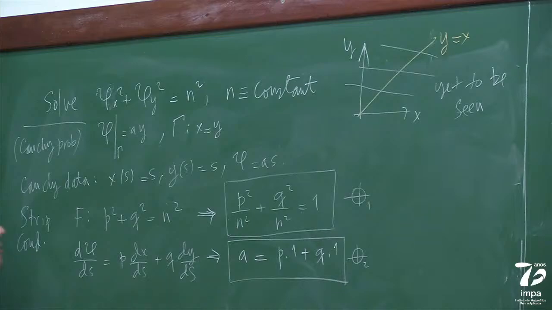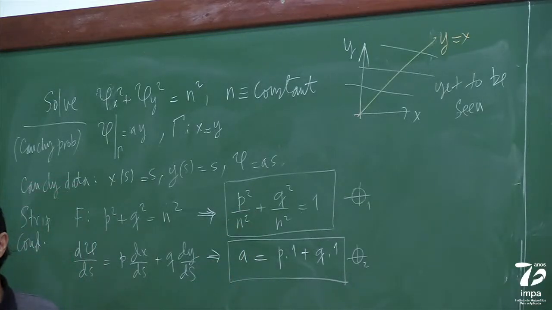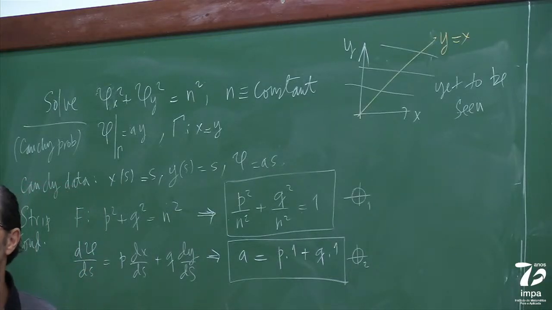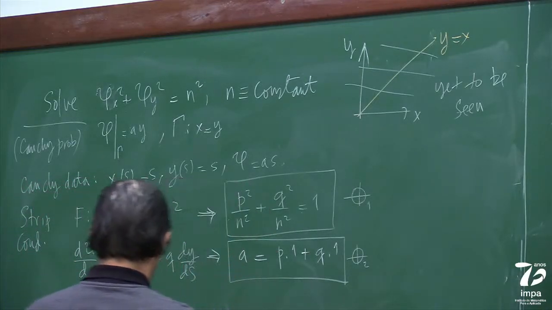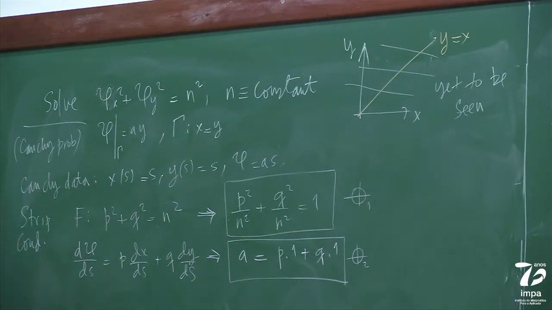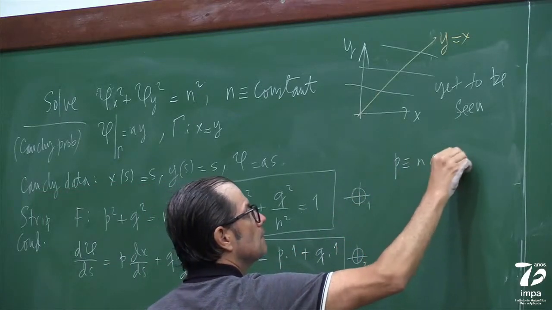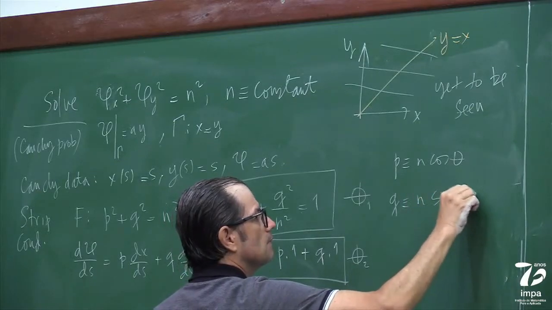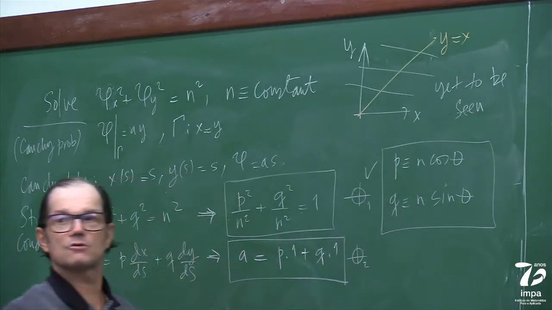But look, with this trick here, I can automatically solve this equation 1 and forget about it by putting a parameter theta and saying that P is n cosine theta and Q is n sine theta, and I'm done with this equation. Okay? So let's put it here. And we basically solve this equation.